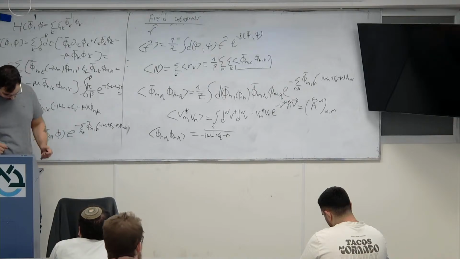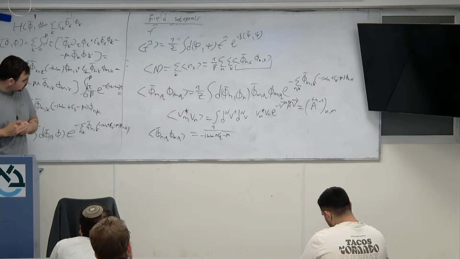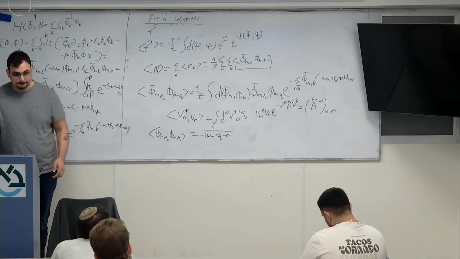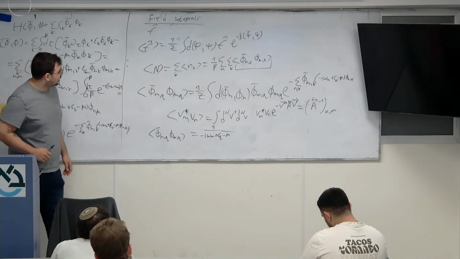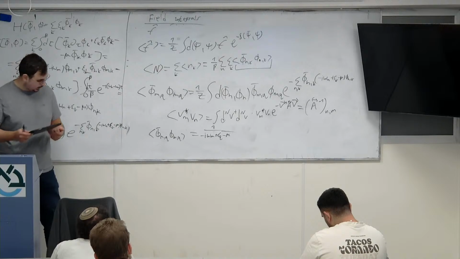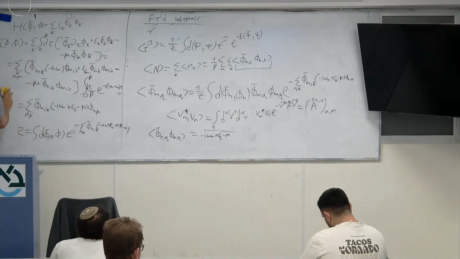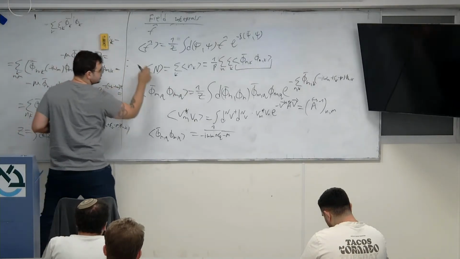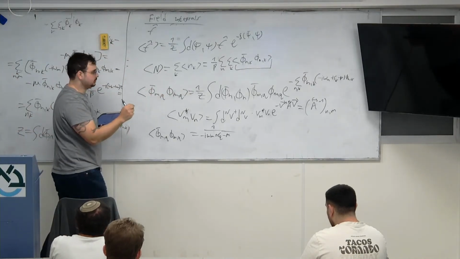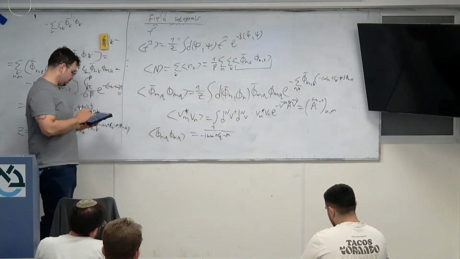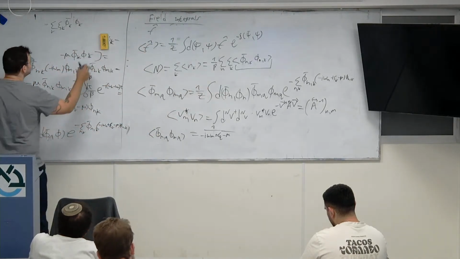So now we have to plug it back into the n. It's again going to be a two-step part. First of all, I'm going to calculate the sum over n, and then we'll see.